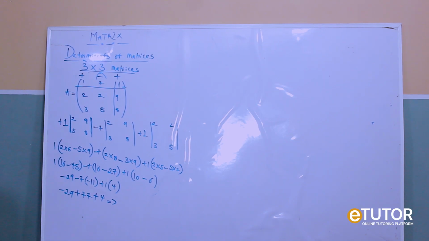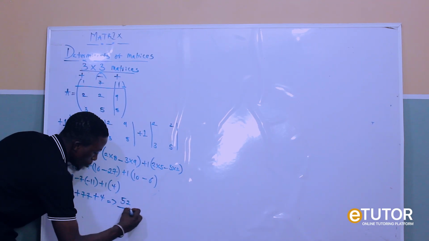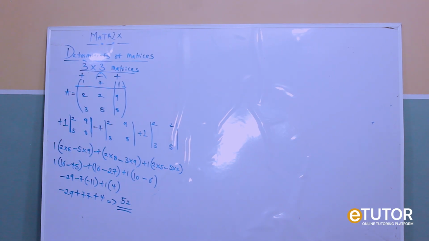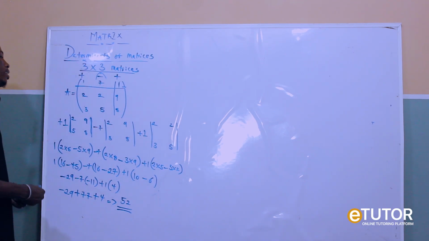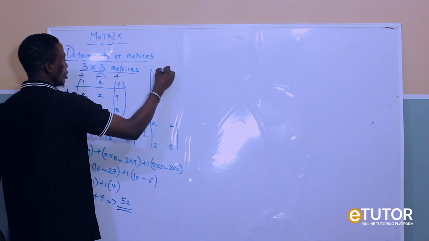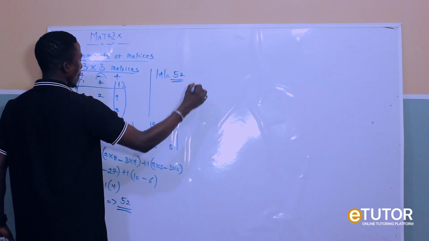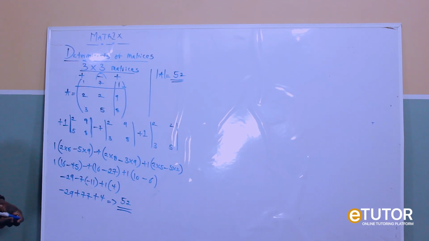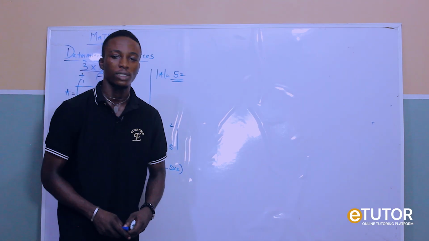So all of this gives 52. So that is how you find the determinant of a 3 by 3 matrix. So you can just say somewhere your determinant of A equals 52. So that is all about determinant of matrices.